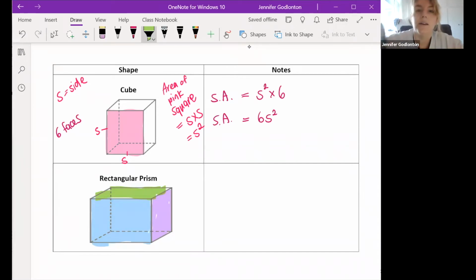Okay. So when we're working this out, I'm going to write this as length, I'm going to write this as base, and this is height. Okay. If I'm wanting to work out, so I want you to listen to this question very, very carefully.